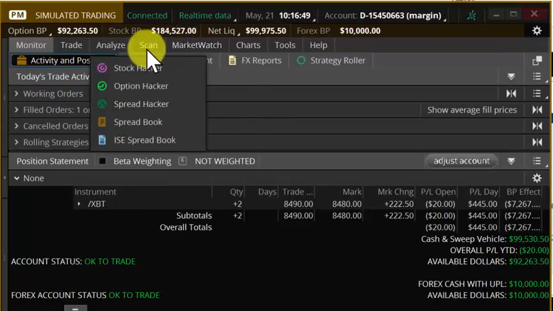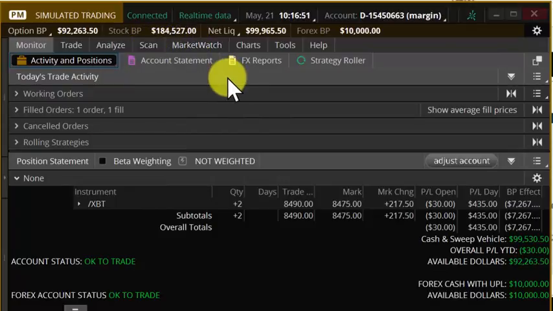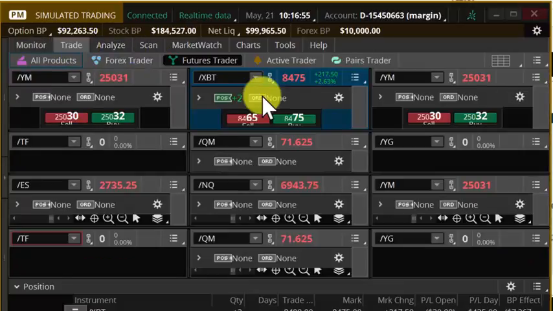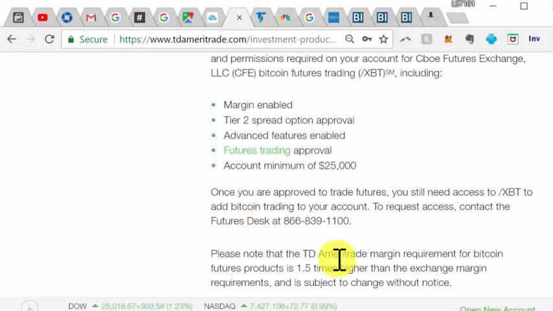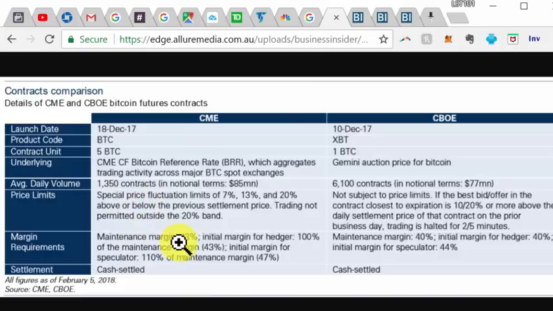Interactive Brokers also has this. It's a little bit different because you use the symbol GXBT instead of slash XBT. But trading futures here again, the one thing you want to note is that the margin requirement is, as the website says, 1.5 times higher than the exchange margin requirement, and that 1.5 times higher translates into this 44% versus for TD it's 66%.